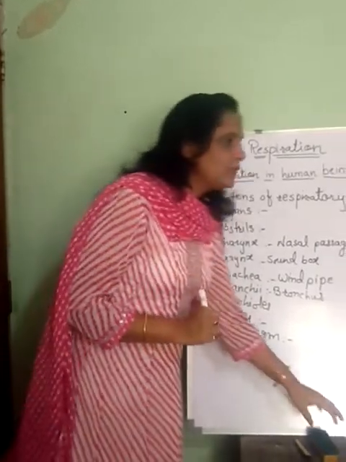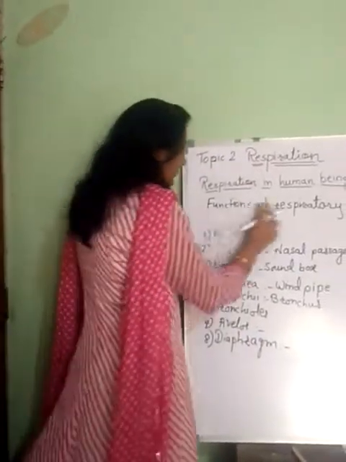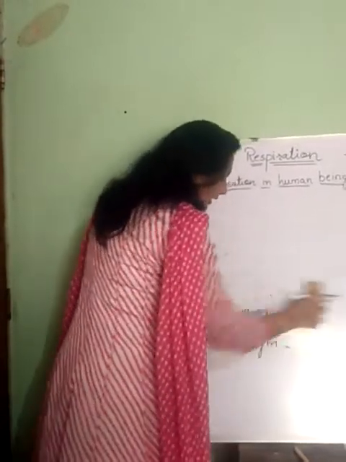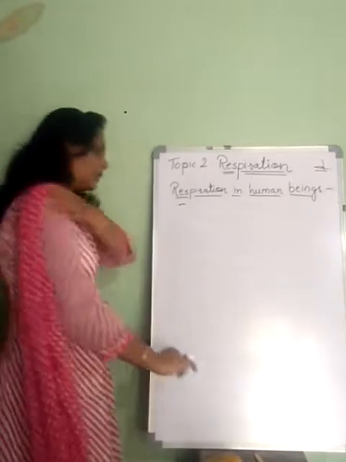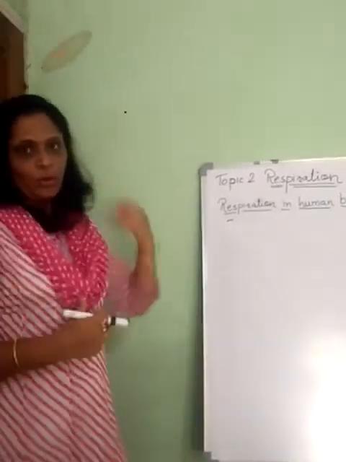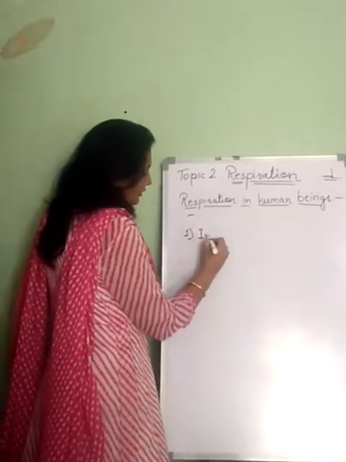Now after this we are going to discuss the mechanism of breathing. What is the mechanism of breathing? Yesterday I told you that in the mechanism of breathing 3 steps are involved. First step is inhalation.